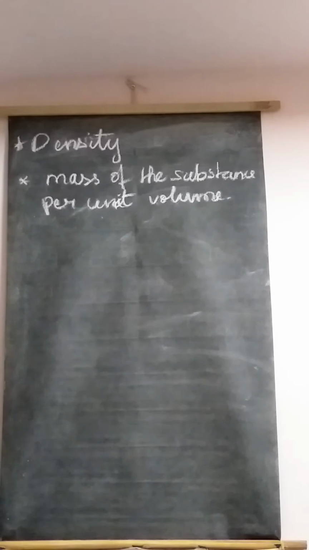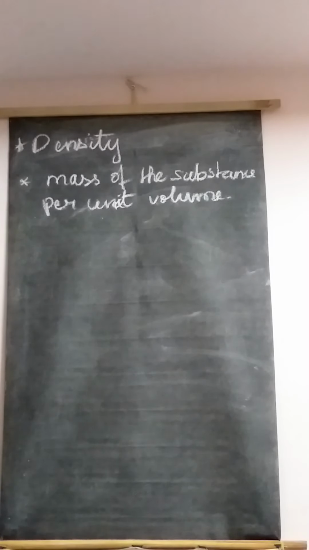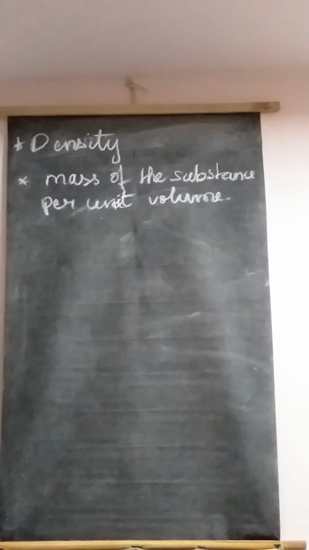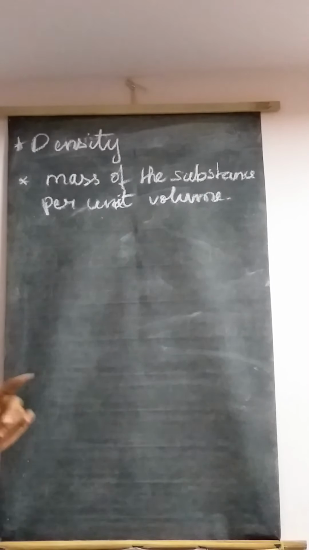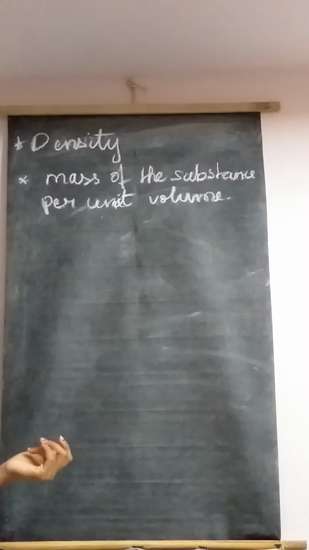It depends on the heaviness or lightness of the object. Whether the object has greater or less density depends on how densely the molecules are packed in the volume of the object. As we saw, the density of the stone is more compared to the paper boat.